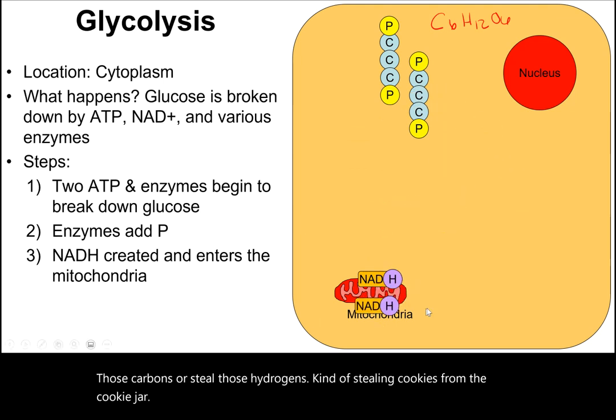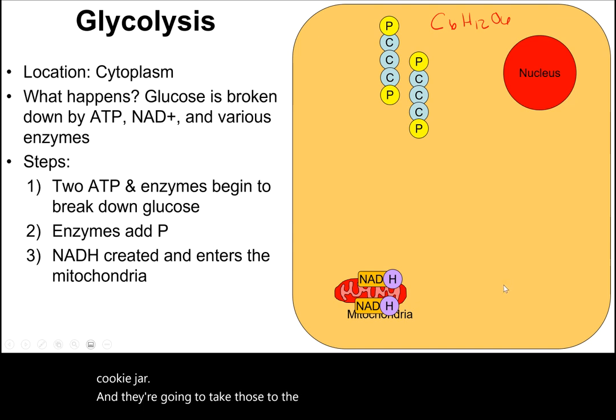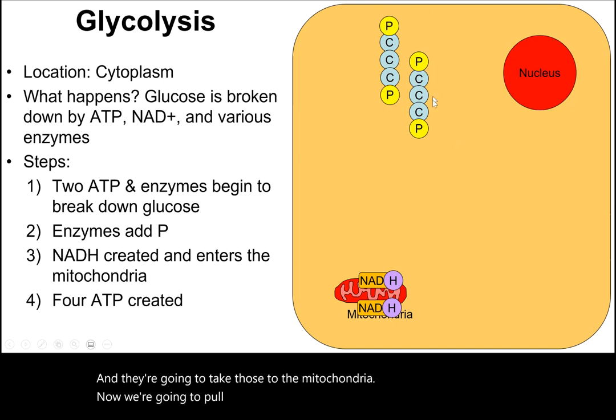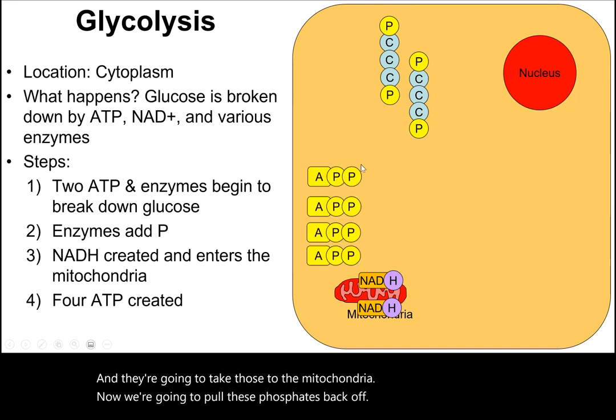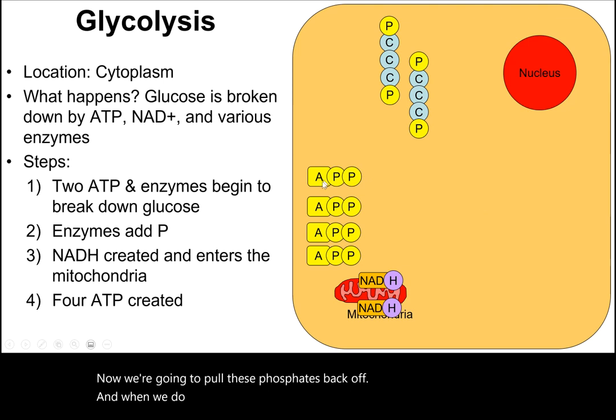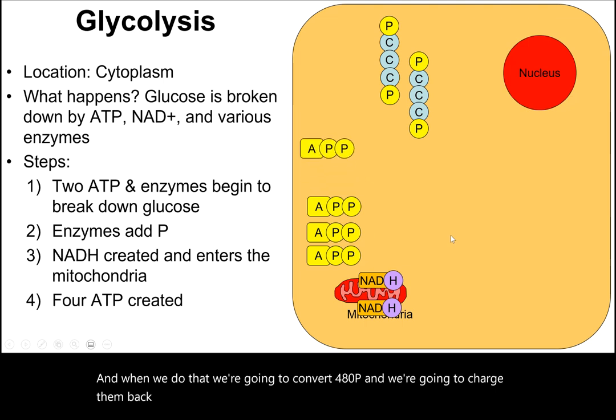And they're going to take those to the mitochondria. Now we're going to pull these phosphates back off. And when we do that, we're going to convert 4 ADP and charge them back into ATP.